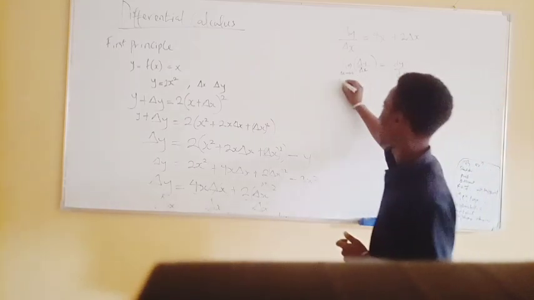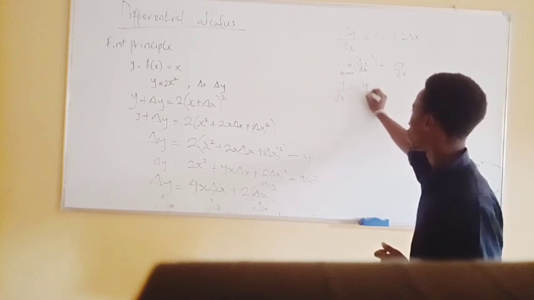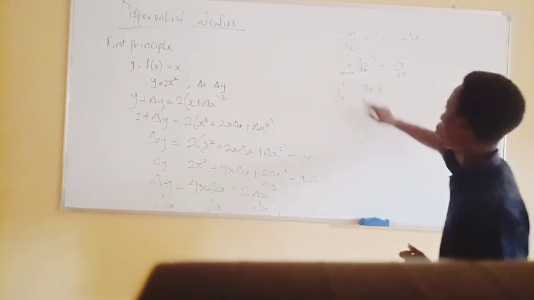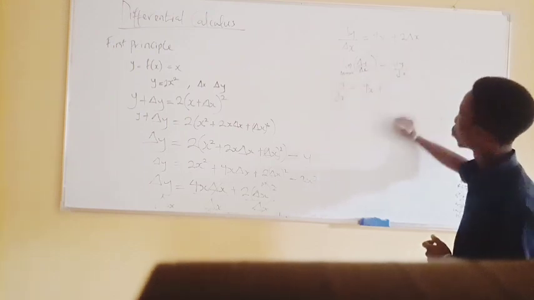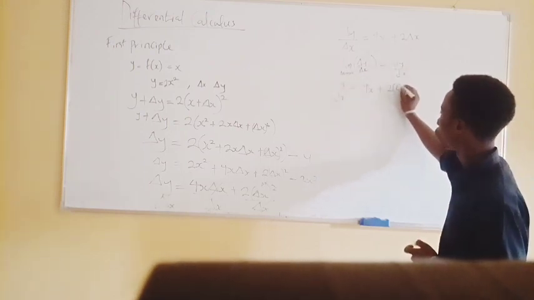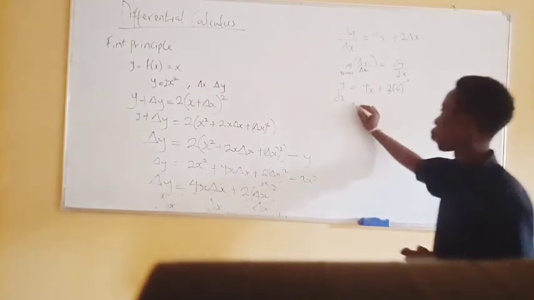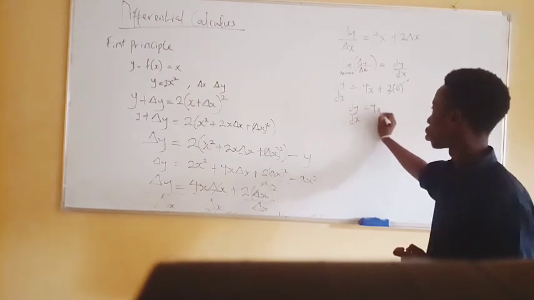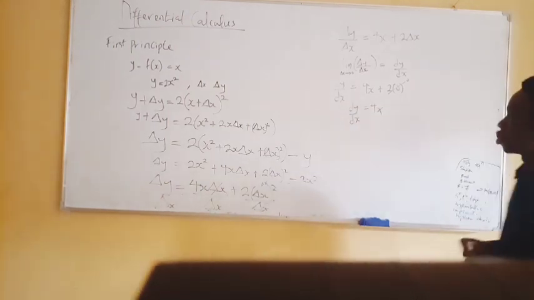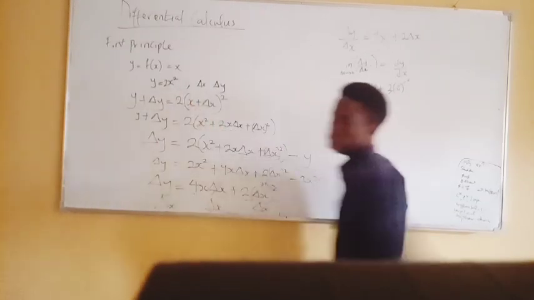It implies that dy/dx is 4x plus 2 times 0, wherever we see delta x we substitute 0. Of course, this gives us 0. So dy/dx is equal to 4x. That is the derivative of this function 2x squared.